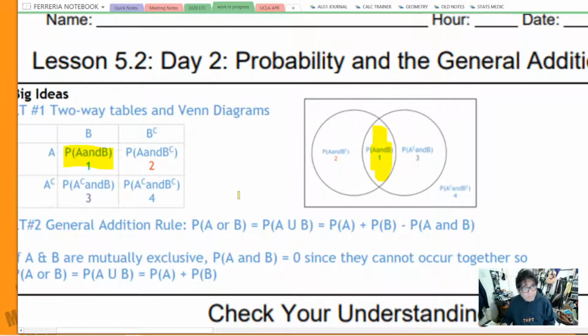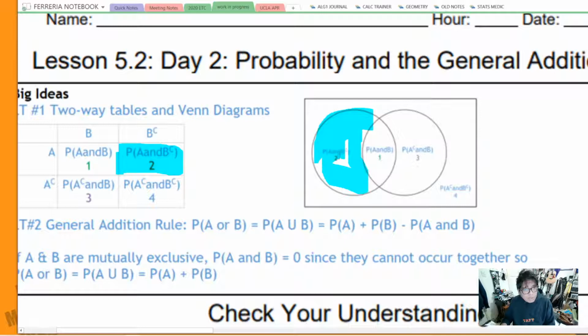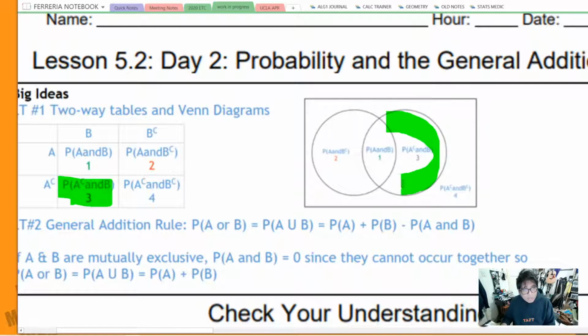Now the second one would be, what about the probability that A is true, but B is false? That's this right here, A and B complement, and that's going to be this part of the circle, the one that looks like a crescent on the left side. Now the third one would be the probability that B is true, but A is false, and that's the crescent on the right.